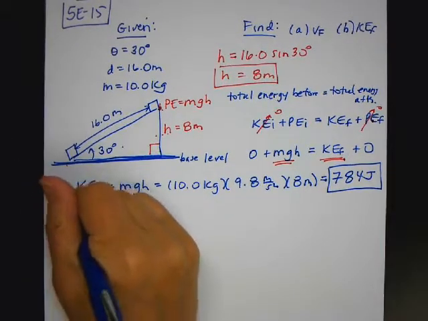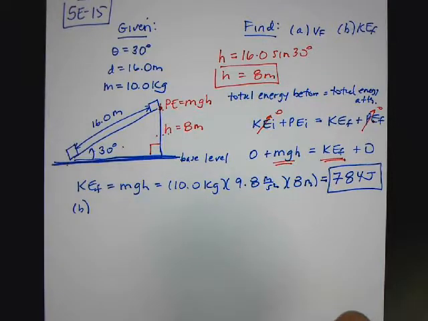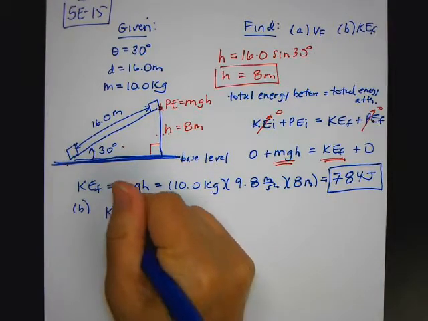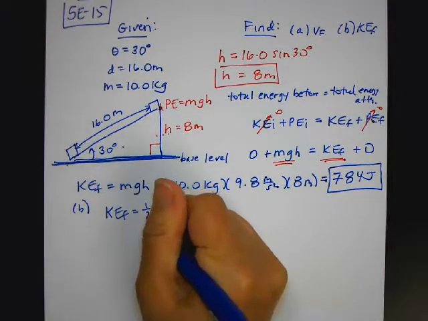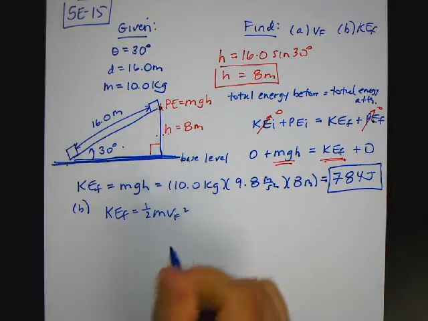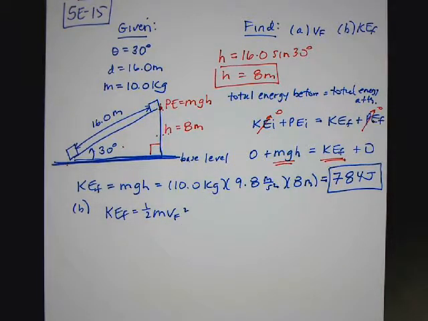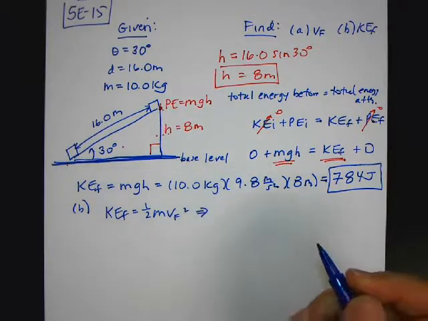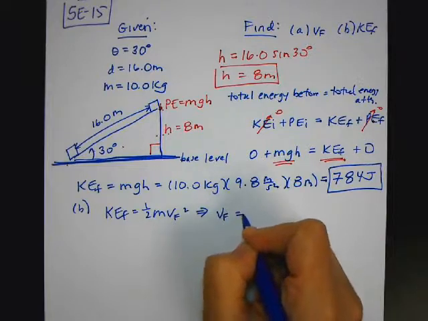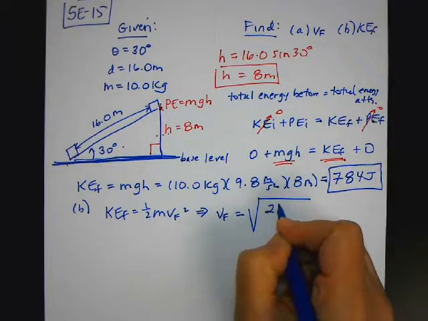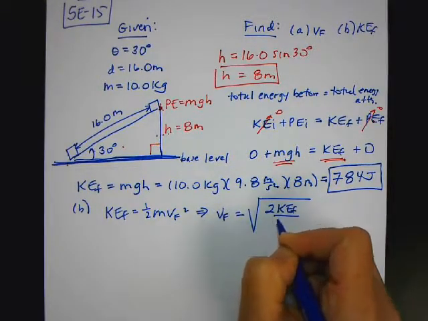So for part B, it says find the speed. So we're going to do the same thing we did before. The final kinetic energy is 1/2 mvf squared. And now we're going to solve for VF. So I don't have to do 4 intermediate algebra steps like I did before. VF is equal to the square root of 2 KEF over m.